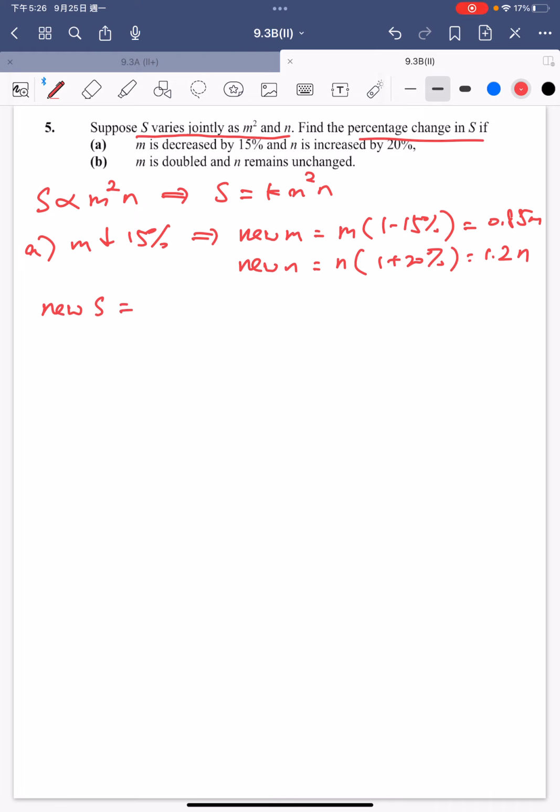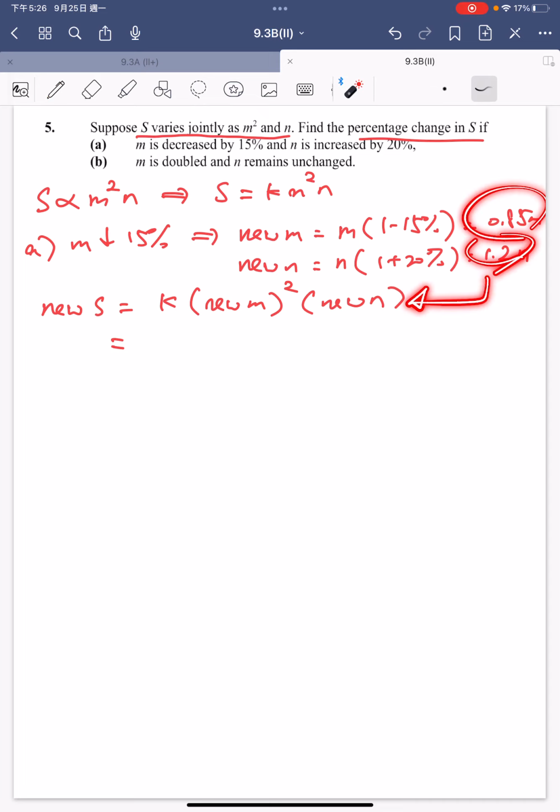So new s is going to be equal to k times the new value of m, the whole thing squared, times the new value of n. And we can substitute these two values back into our formula.